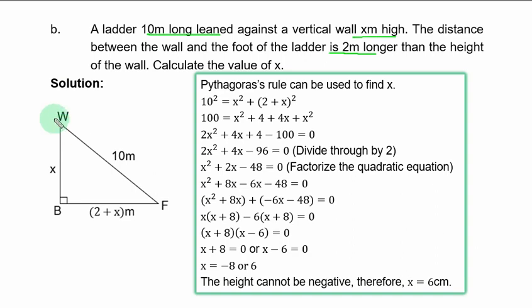Of course, you have BW as the wall and the height is S meters. The ladder FW leaned against the wall, and the distance between the wall and the foot of the ladder is 2 meters longer than the height of the wall. Height of the wall is S meters. Distance from F to B is 2 plus S meters.